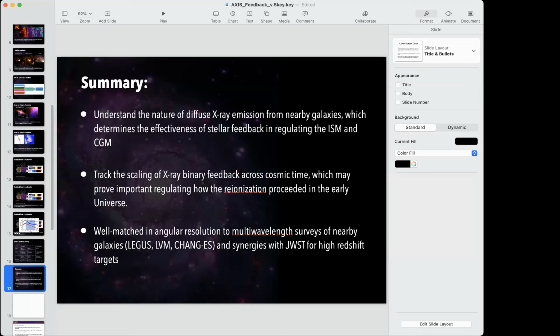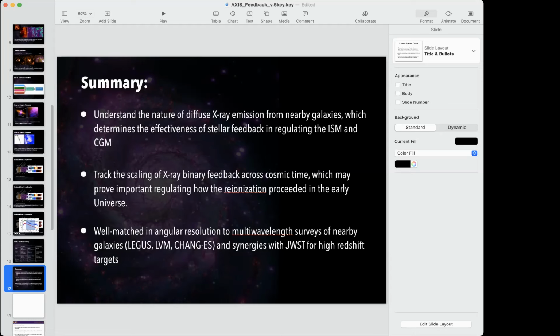By combining spectral and imaging capabilities, AXIS enables us to understand the nature of the diffuse X-ray emission from nearby galaxies, which determines the effectiveness of the stellar feedback in regulating the ISM and CGM, and to trace the X-ray binary feedback across cosmic time, which may probe important factors regulating how reionization proceeded in the early universe.